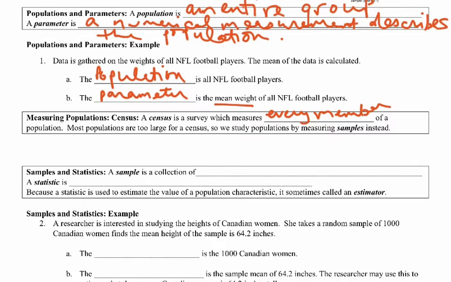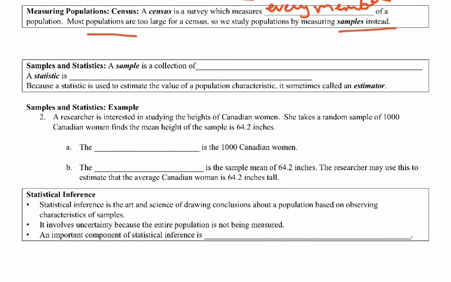Most of the time, if we're working with data, populations are too large to do this. Generally, we can't go ask everybody in our population, say, the opinion of an issue. So instead, what we do is we pull samples.